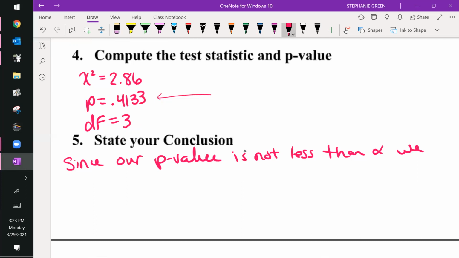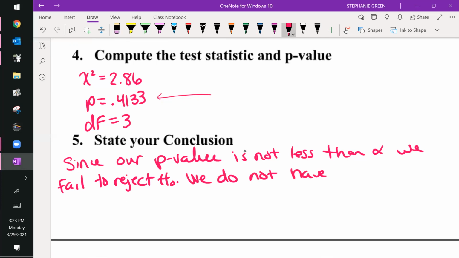We fail to reject H naught. Remember, that does not mean that we accept H naught. We never accept H naught. It just means we do not have enough evidence to support HA. We do not have enough evidence to say there is an association.